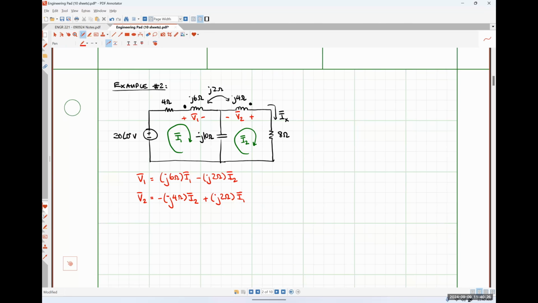And then from here, we would simply write our KVL equations and solve this as if we were doing a normal mesh. So let's just do that really quickly. KVL at mesh 1 would look like negative 30 angle 0 degrees volts plus 4 ohms I1 plus V1 plus negative J10 times I1 minus I2 is equal to 0.